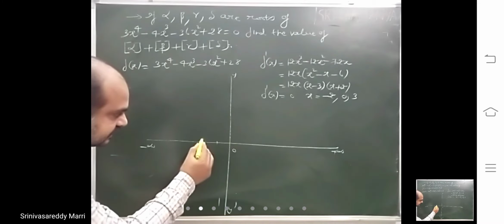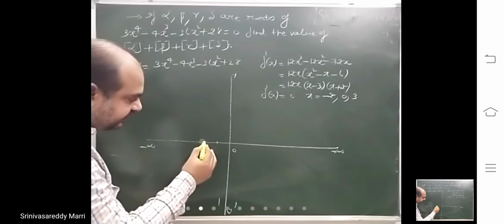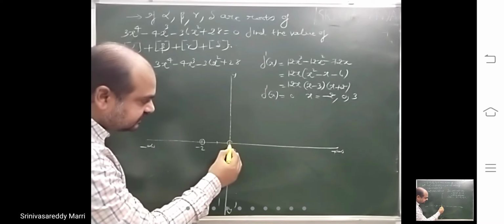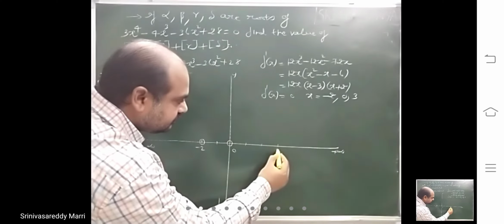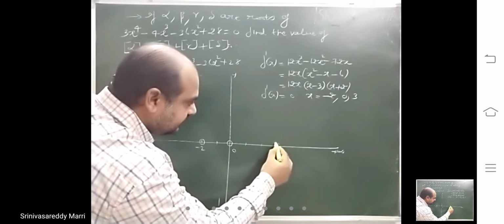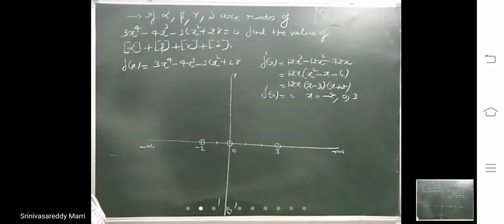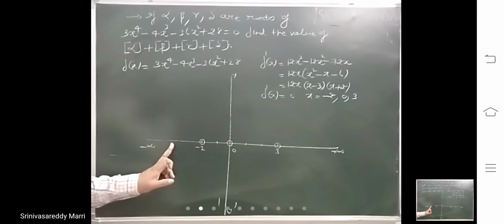Minus 2 is here, 0 is here, where f dash x equal to 0, and then 3.